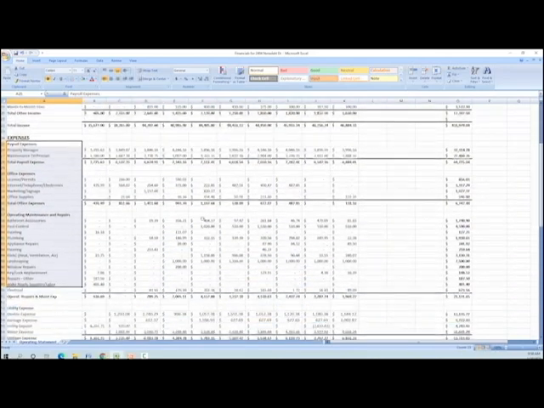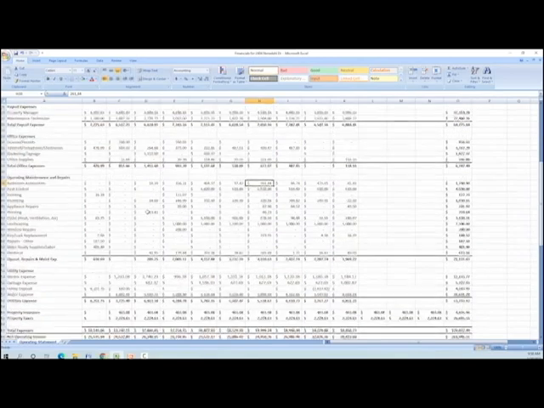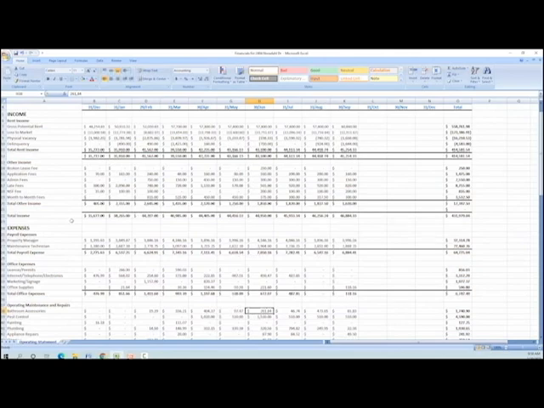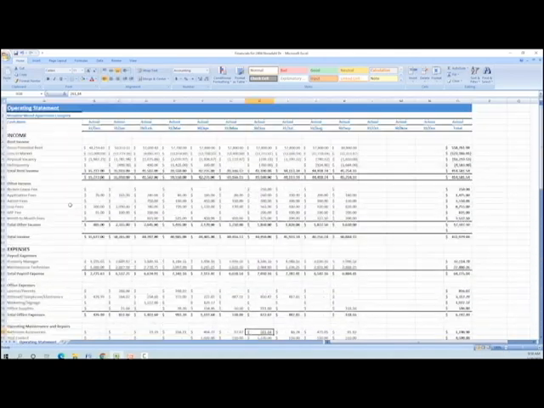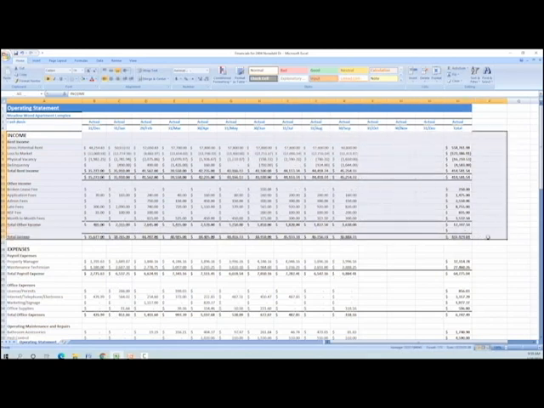This one's a smaller property, I think only 42 units, so the expense line items are very small, but we've analyzed properties in the hundreds where this goes for 2 or 3 pages. What I want to share with you today is the income numbers and how your lender is going to look at the income numbers differently than the expense numbers.